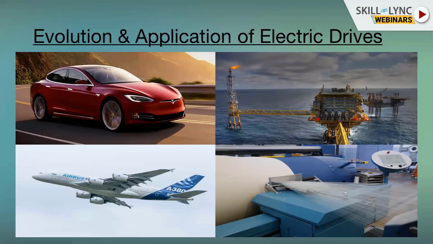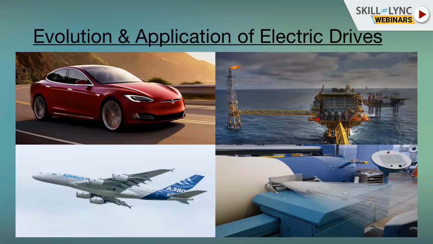Beyond this, we have the oil and natural gas industry, the movement of cranes, conveyor belts, hoists. All of these are significant applications of electric drives. And generally for industrial automation, process industry, maybe it's like the cement industry and things like that. So there again, electric drives have similar applications.